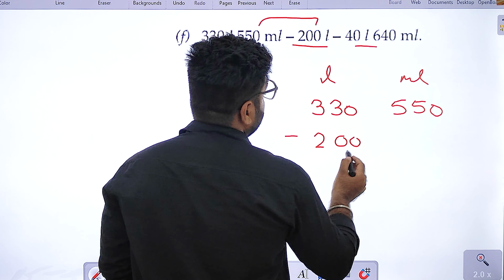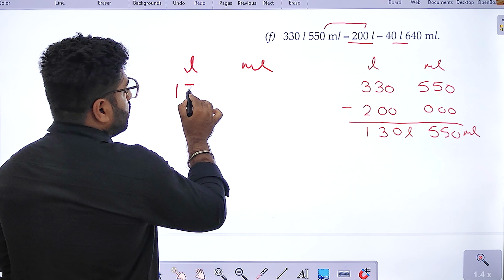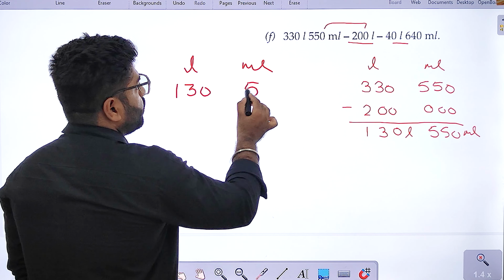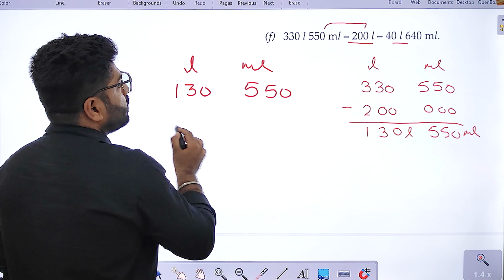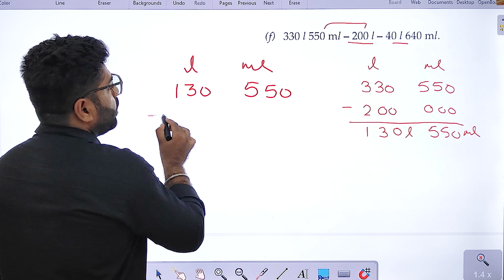So here we are having 130 liter and 550 milliliter. Now we have to subtract the second part, that is 40 liter and 640 milliliter. So we are having liter and milliliter. This is 130 liter and 550 milliliter. Now we are going to subtract, that is 40 liter and 640 milliliter.